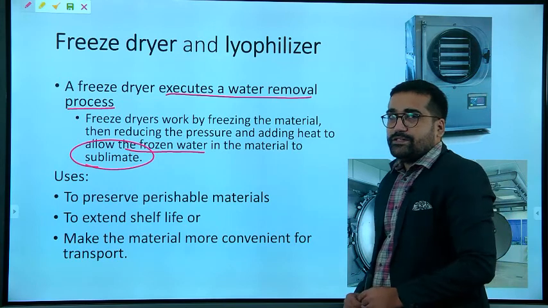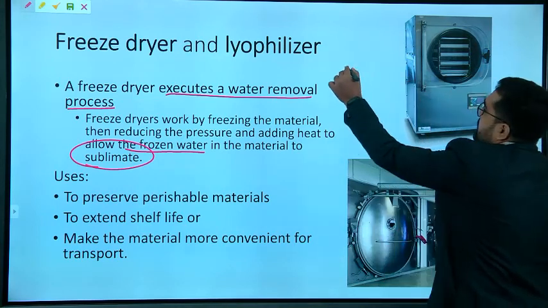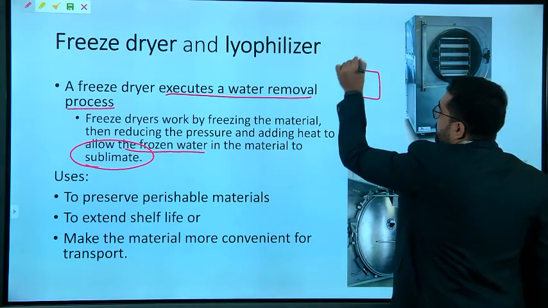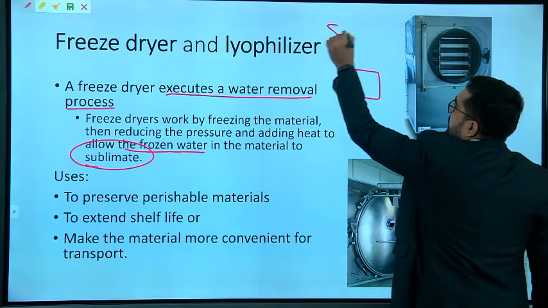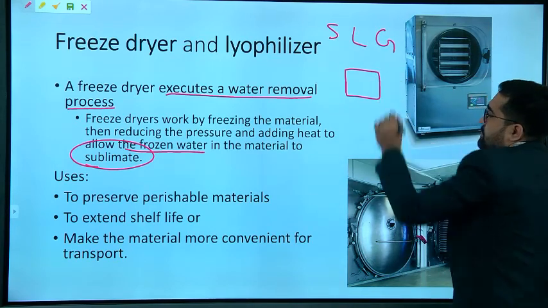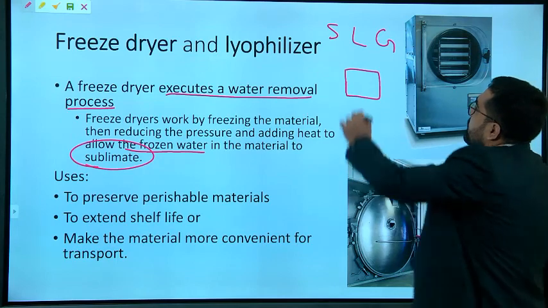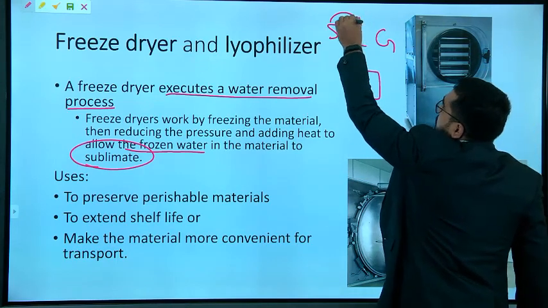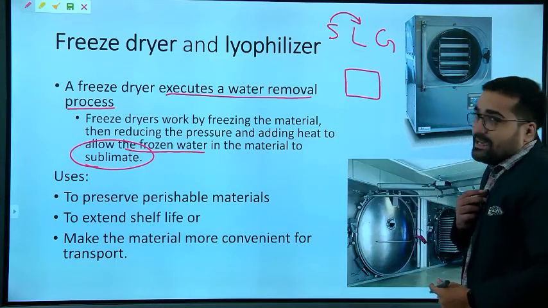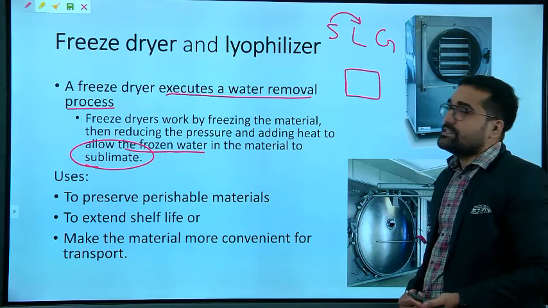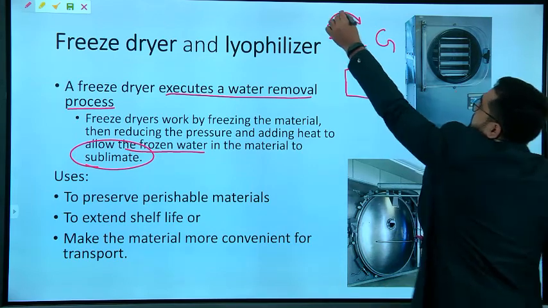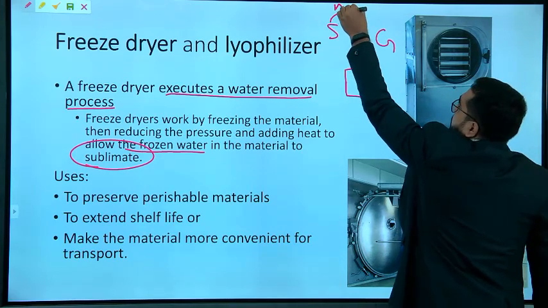What do you mean by sublimation? Generally we know there are three phases of any product, that is solid, liquid and gas. When we convert solid to liquid, it is known as melting, as happens with ice.